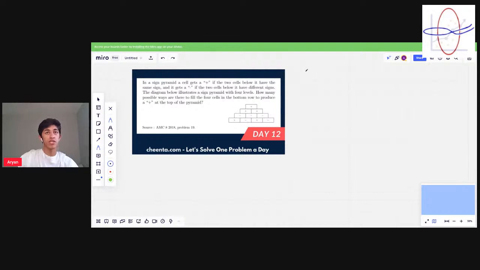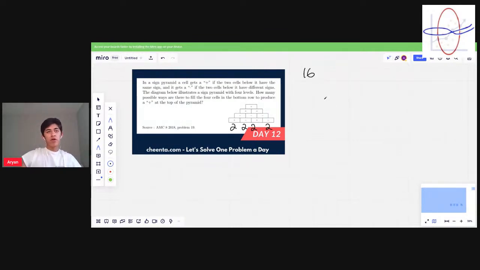In fact, there would be 16, because each cell has 2 options, a plus or minus. So you have 2 options for the first cell, 2 for the second, 2 for the third, and 2 for the fourth. So 16 is the total number of arrangements we can have.